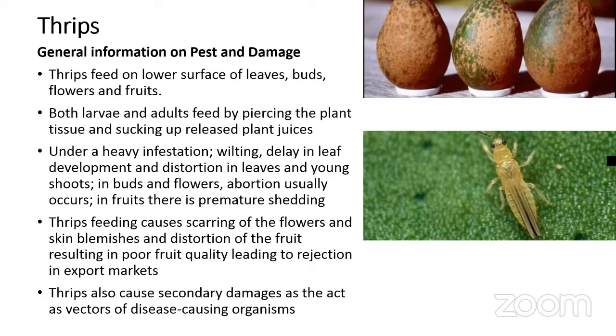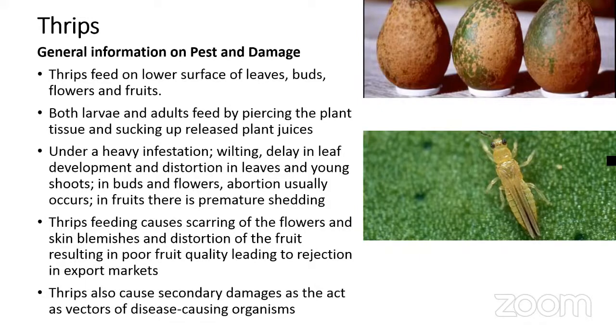The skin changes. And this change in the skin will actually result in poor fruit quality, leading to rejection in export market. Because we are targeting export market, this kind of fruits will not be accepted in export market.